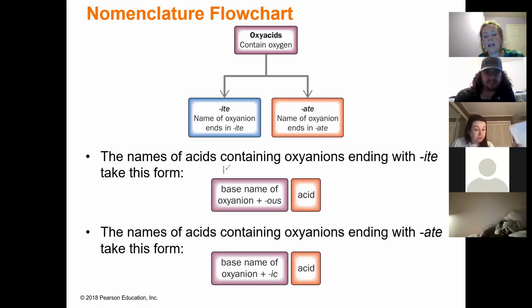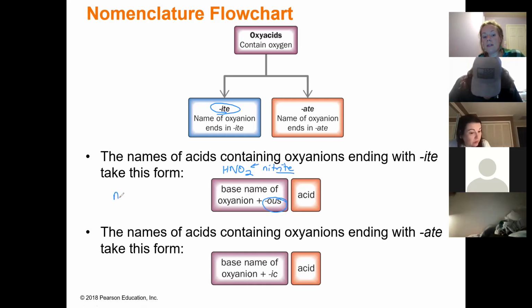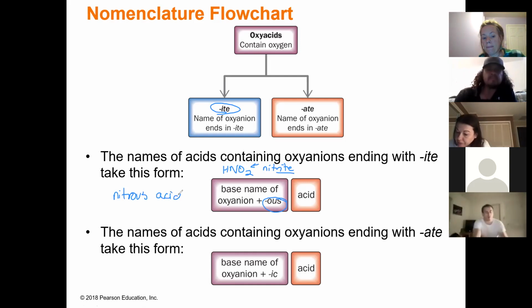So let's go back to that HNO2. This thing right here is called nitrite. If we end in -ite, we become -ous. So I'm going to call this thing nitrous acid.